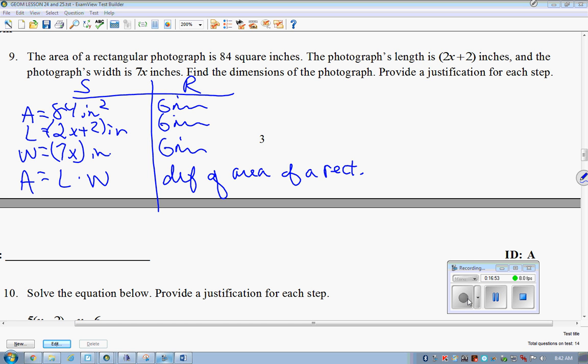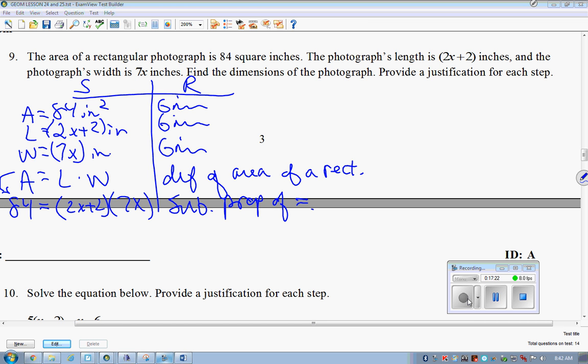Next I'm going to say 84 equals (2x plus 2) times 7x. What's my justification there? Substitution. Okay, substitution property of equality.